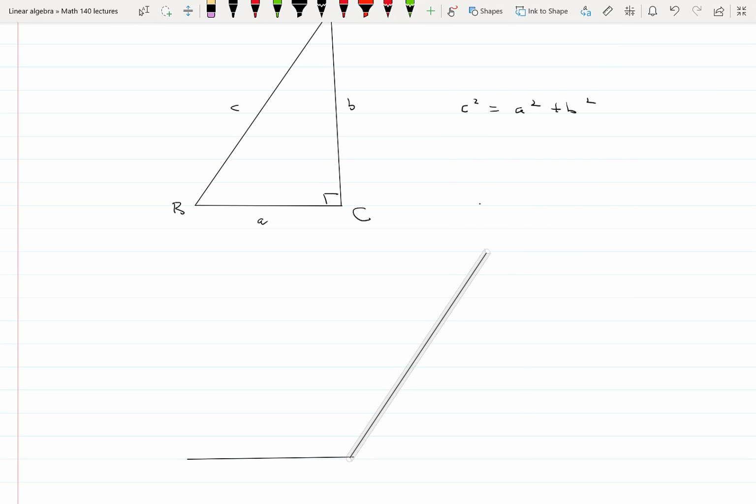We don't have a hypotenuse anymore because this is not a right triangle, so let's just call it the longer side. I'm going to label this triangle the same way as I did above: C, B, A.